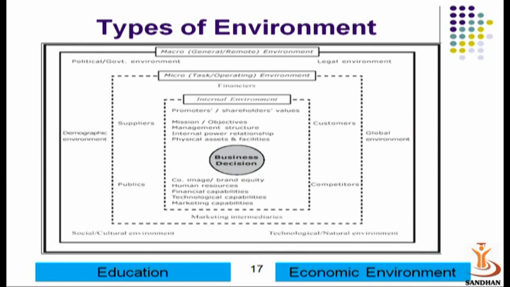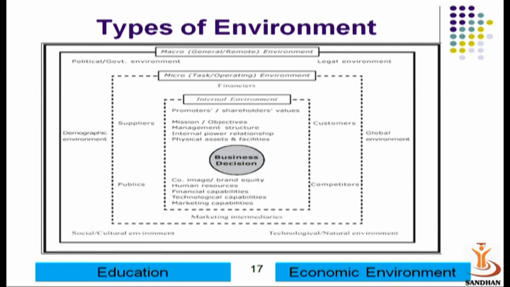In the broader layer, I find the political environment, economic environment. These are the external environmental components that are macro in nature, which are totally not in our control. So this chart makes it clear that business decisions are totally affected by environmental factors, both internal and external.